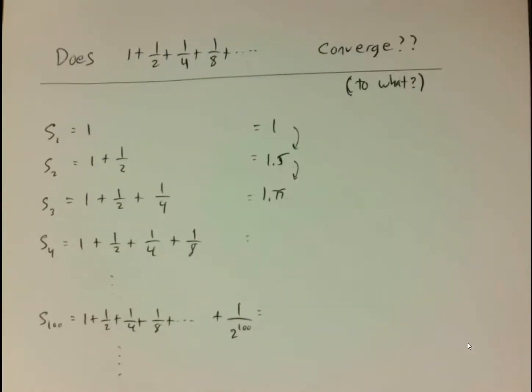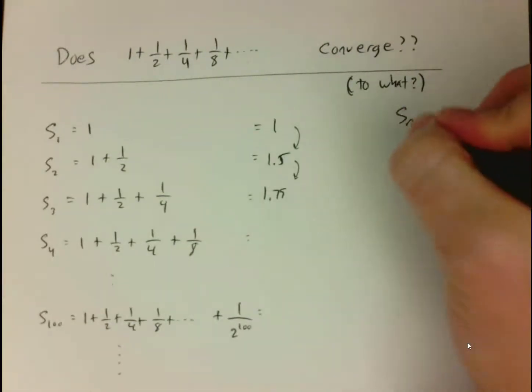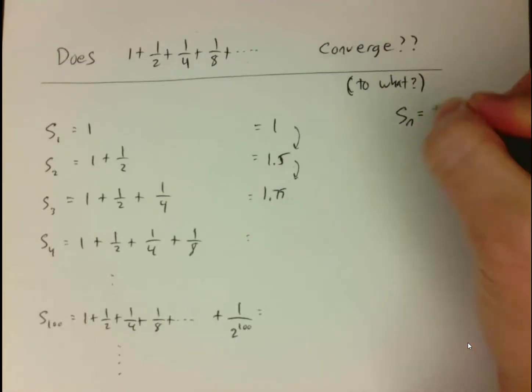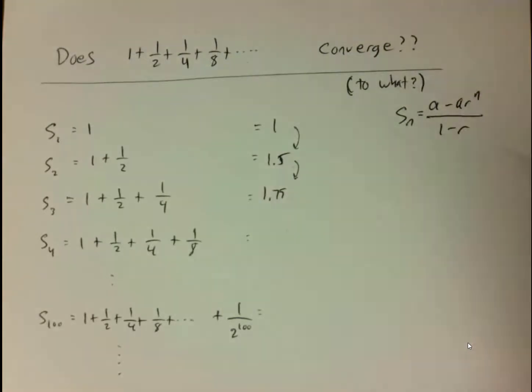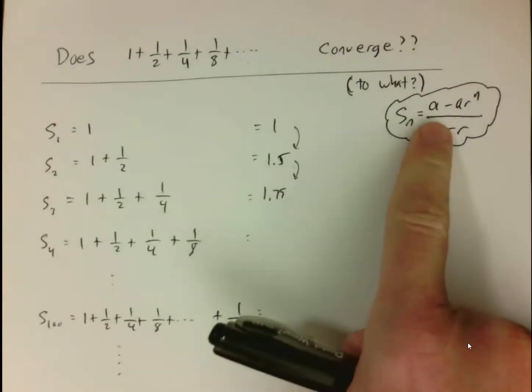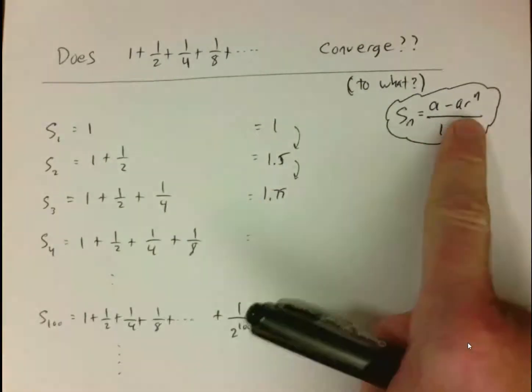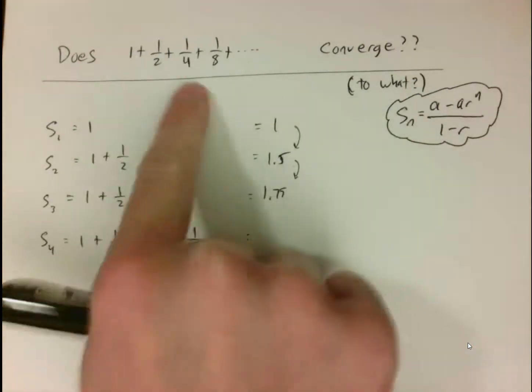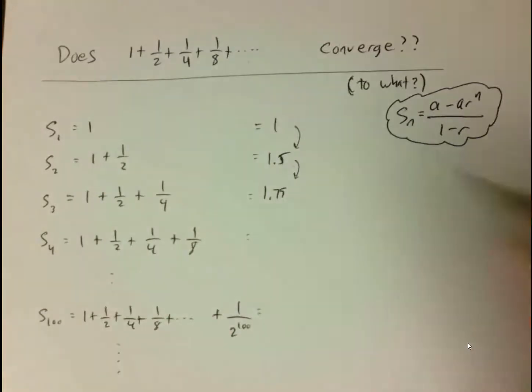All right. So we just decided that the nth partial sum equals a minus ar to the n over 1 minus r. In our particular scenario, a is the first term, so that should be 1. r is the thing we're multiplying by to get from one term to the next, so r is 1/2.